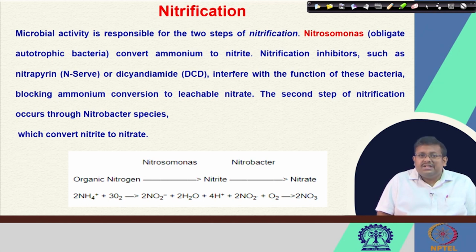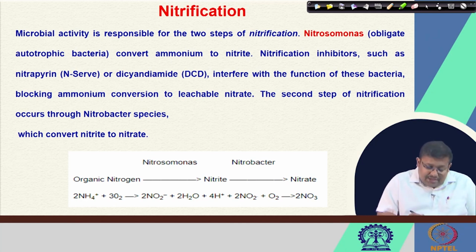What are these nitrification inhibitors? One of them is nitrapyrin, which is also known as N-Serve. Another one is dicyandiamide or DCD, and these basically interfere with the function of the Nitrosomonas bacteria. So, the conversion of ammonium to nitrite gets hampered, and as a result nitrate production will not be there. So, these are called nitrification inhibitors.